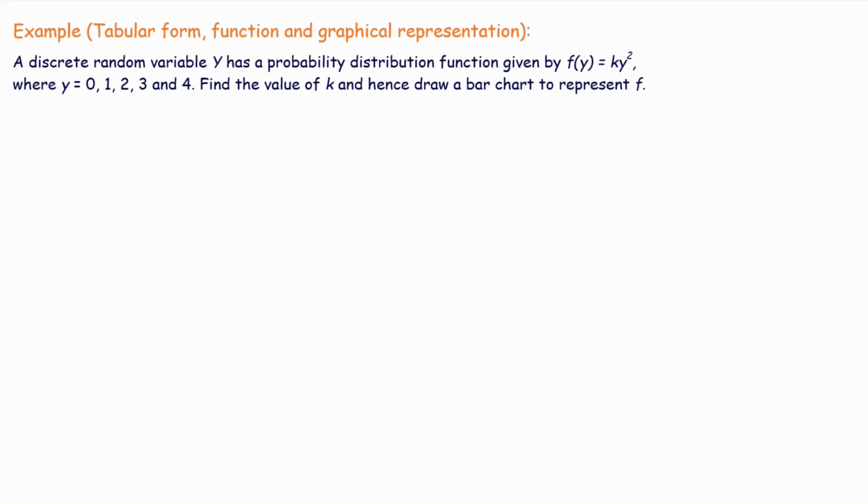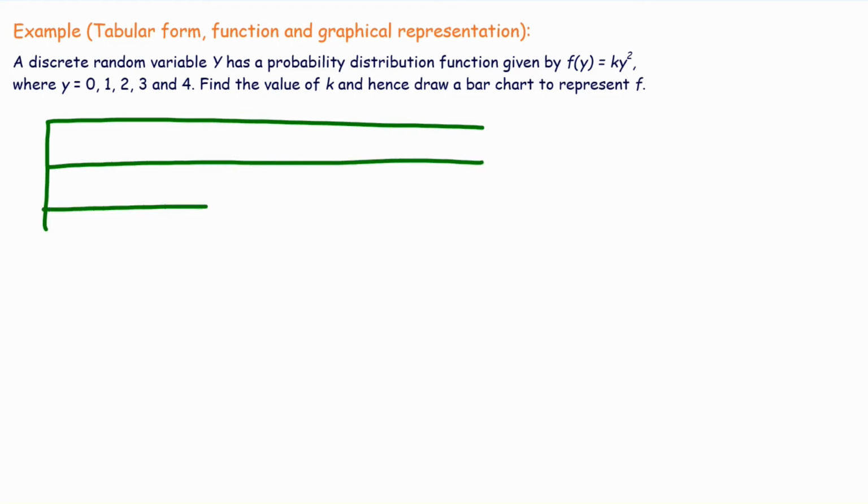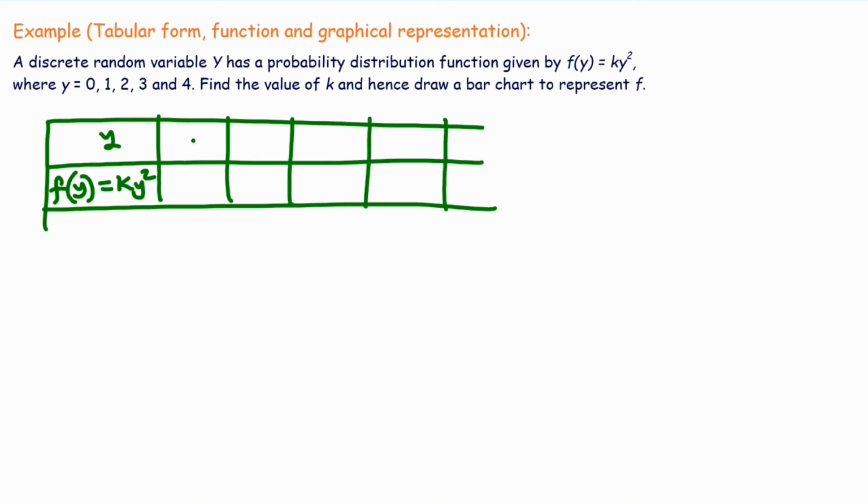we can start by representing this in a table. So if you represent this in a table, you'll end up with something like this. Here you have y, and this function gives us the probabilities for the values that y can take.